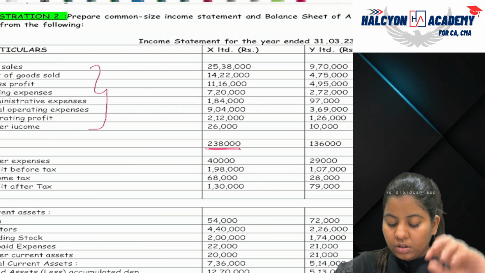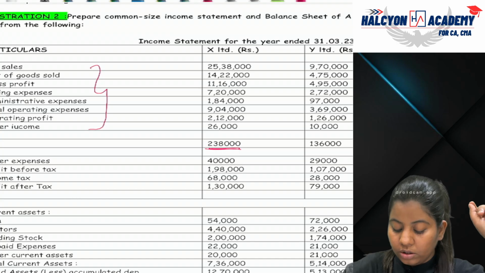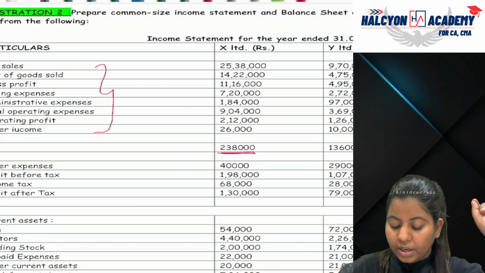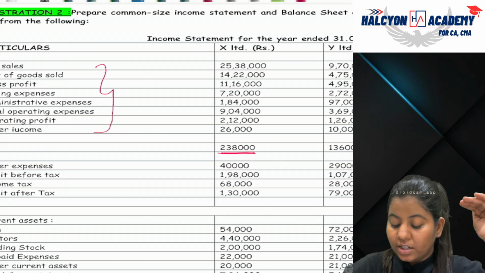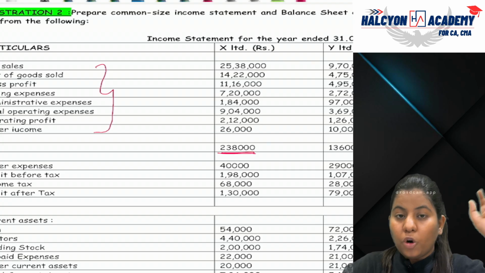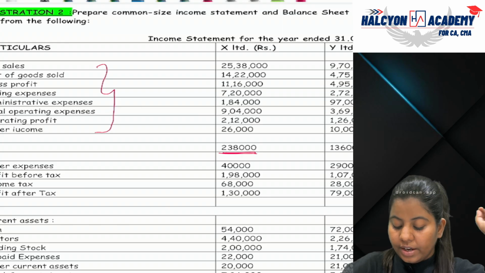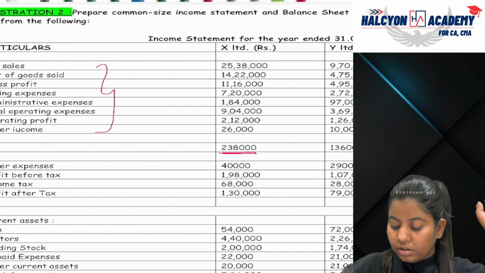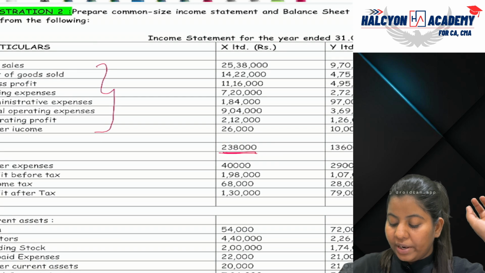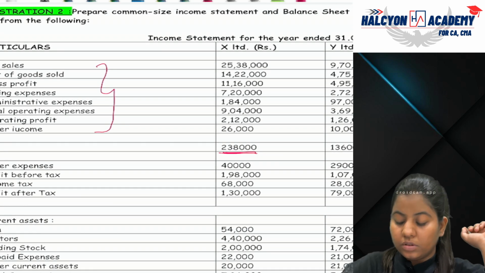What we are doing here: sales minus cost of goods sold is gross profit, right? Then we are deducting selling expenses, administrative expenses, operating expenses, and then we are getting operating profit, in which we are adding other income.